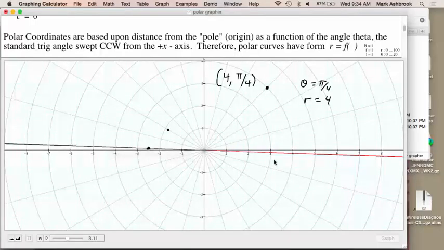We'll usually use radians, but you can use any angle measure that you prefer.